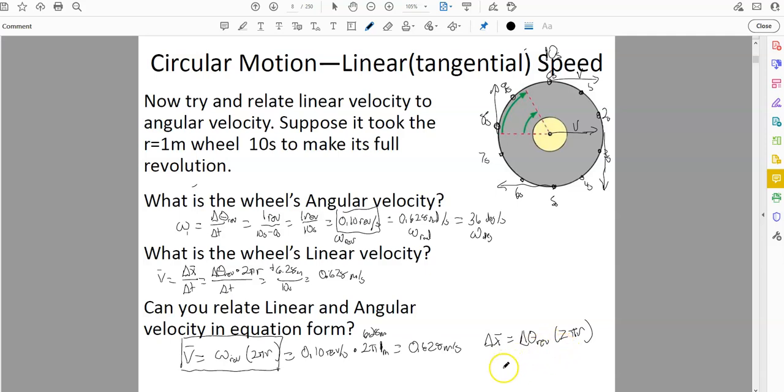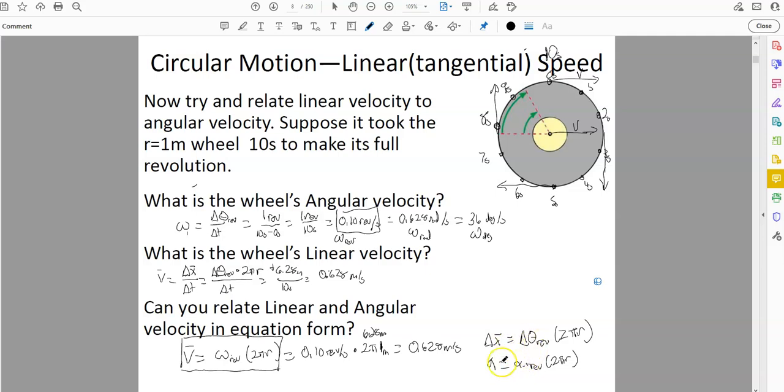We'll find out later on that actually acceleration takes on the same thing too. The angular acceleration in revolutions times 2 pi r as well. So that's supposed to be an alpha. That's terribly written. Sorry. So I'll just write a little alpha there.